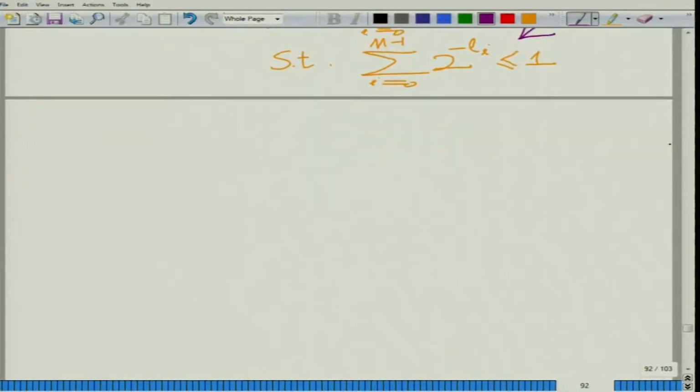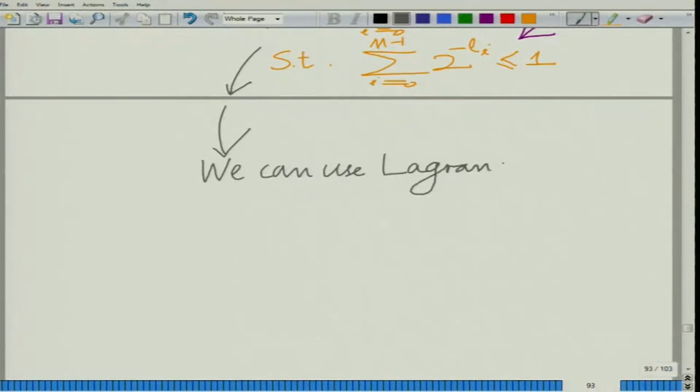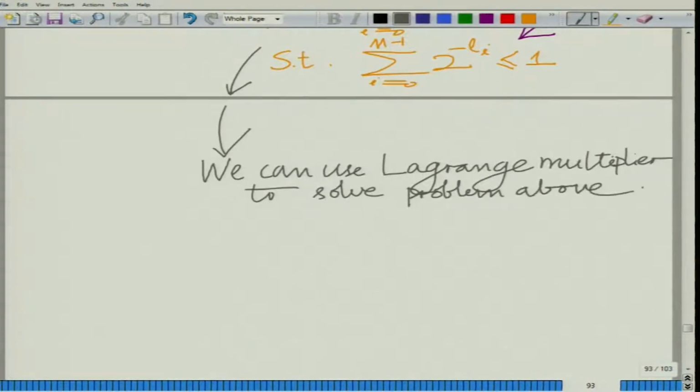Now, this is a constrained optimization problem, so we can use the Lagrange multiplier framework.